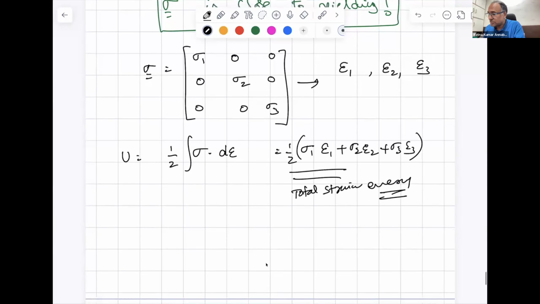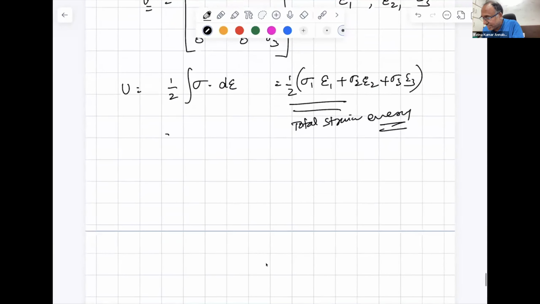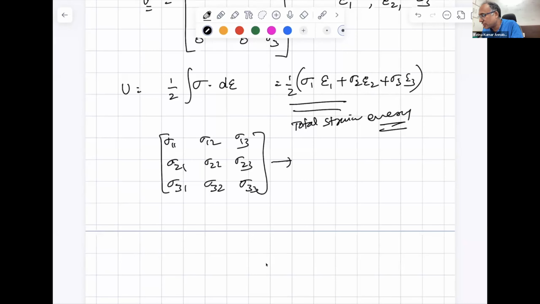If you have a full stress tensor, let us say sigma 11, sigma 12, sigma 13, sigma 21, sigma 22, sigma 23, sigma 31, sigma 32, sigma 33, and corresponding to that, you have epsilon 11, epsilon 12, epsilon 13, epsilon 21, epsilon 22, epsilon 23, epsilon 31, epsilon 32, epsilon 33.